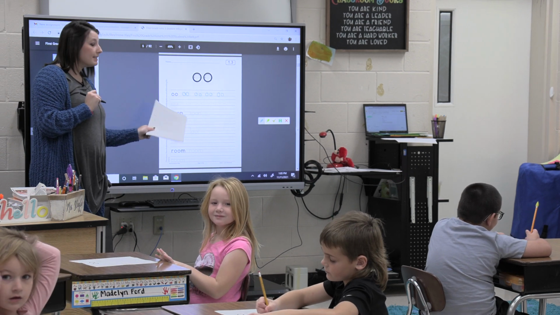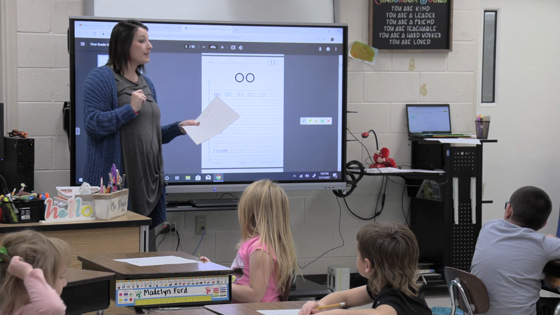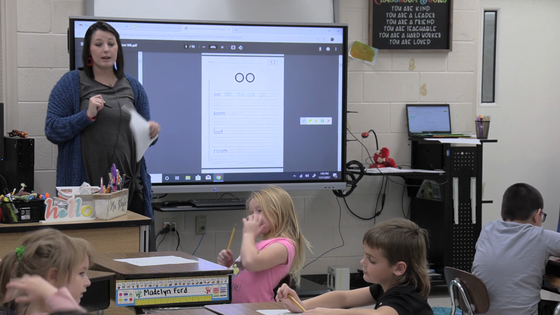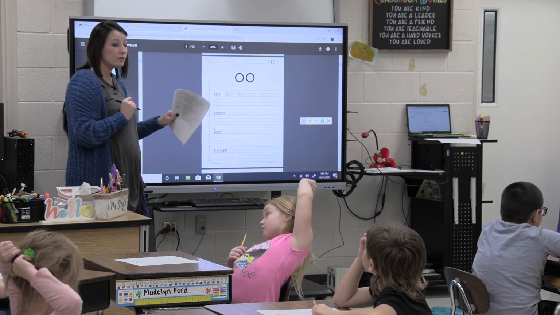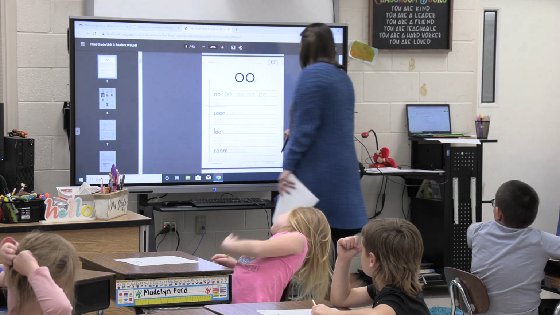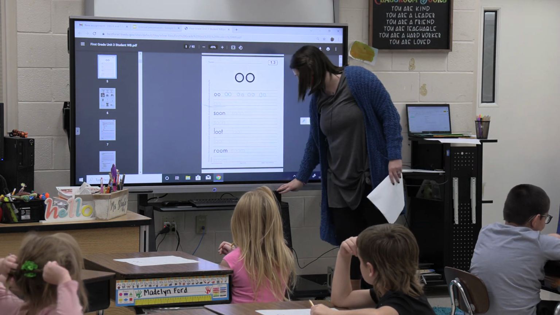Now, on this next line, I'm going to walk around and I'm going to watch you guys. Beckett, you're not on the second line, honey. You're just doing the first line. I'm going to walk around and I'm going to watch you make the OO sound. I want you guys to work on writing the OO sound on that second line, okay?